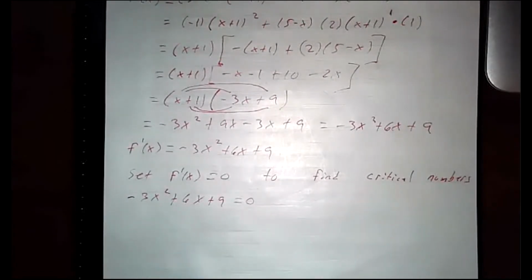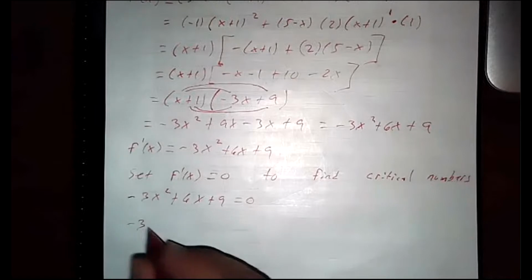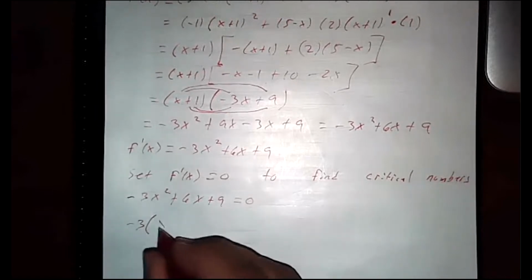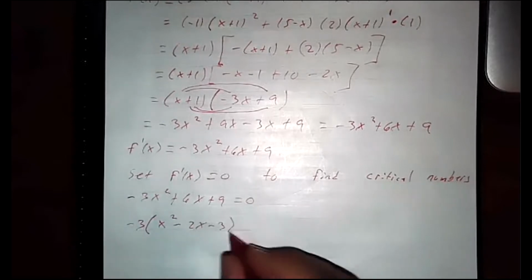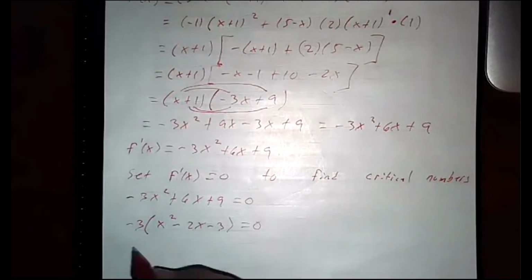So factor negative 3. That gives me x squared minus 2x minus 3. Does that factor nicely?